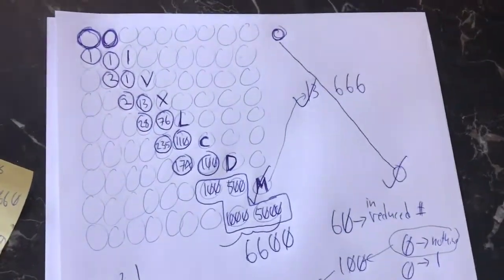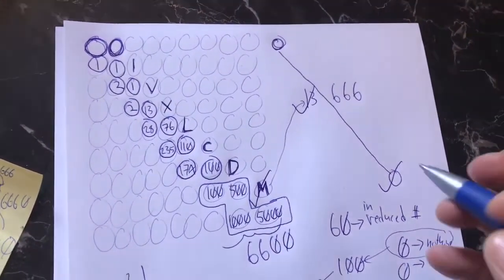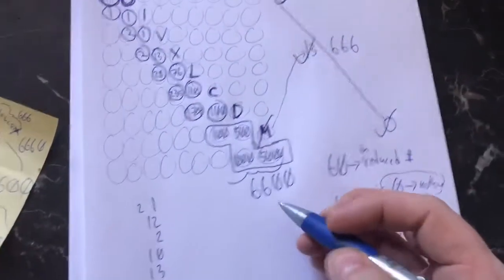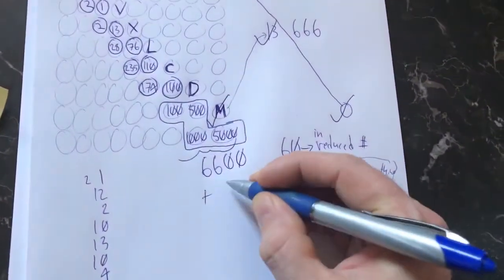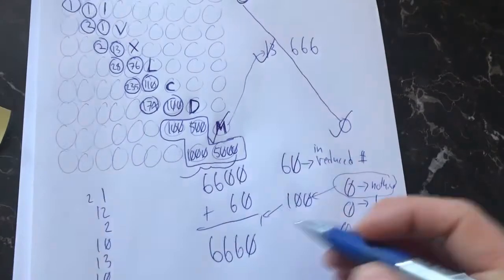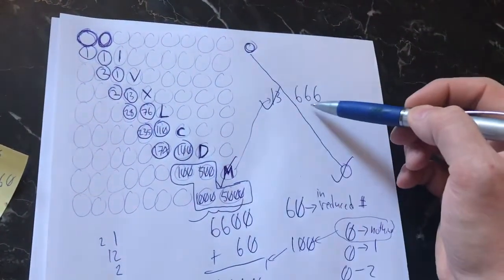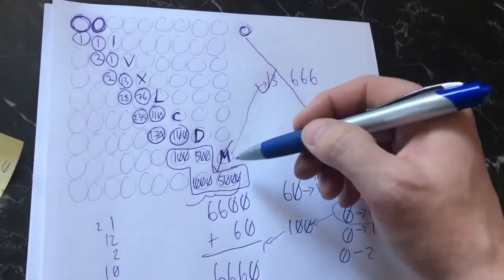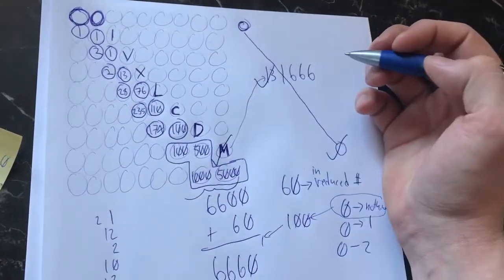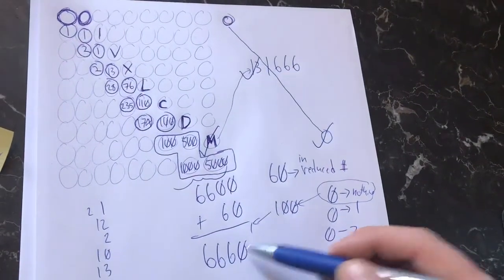How about What an Idiot He Is? Go listen to What an Idiot He Is. That's a great song. So we got this plus your 60, and then we got 6660. So with the M, this is a 1666, and when we actually make the staircase, it's 6660.